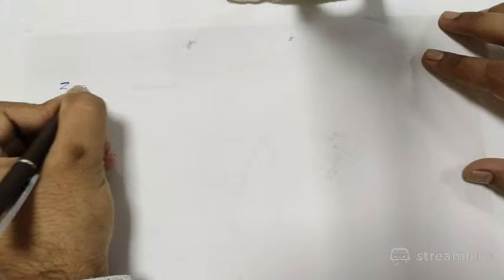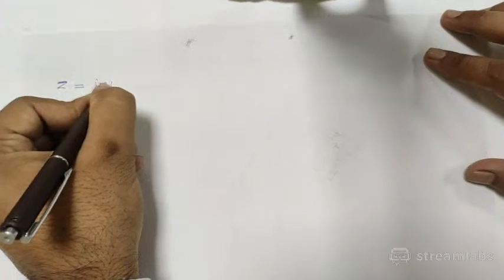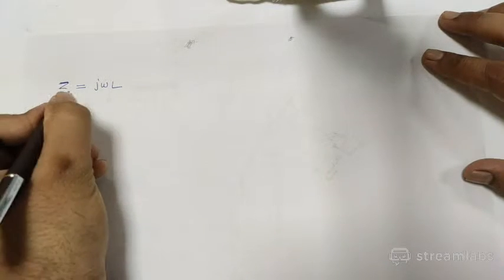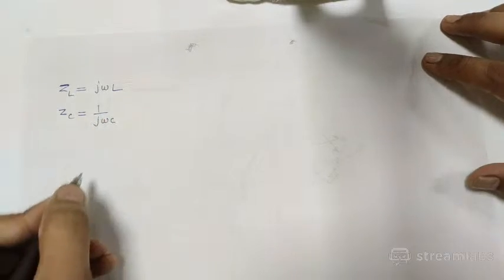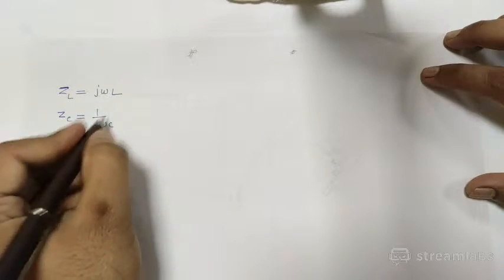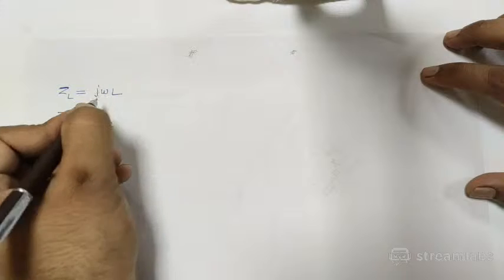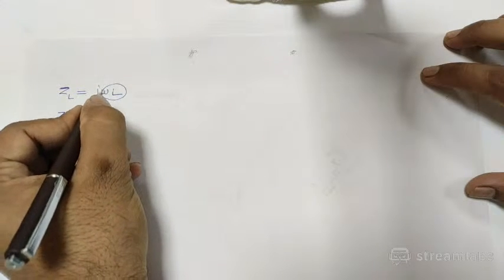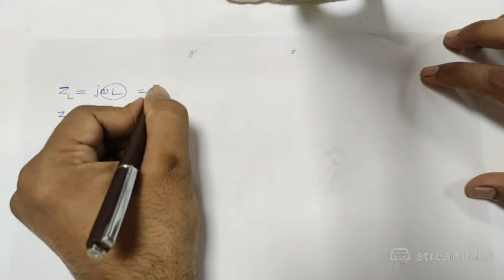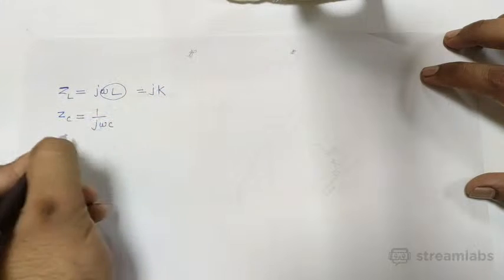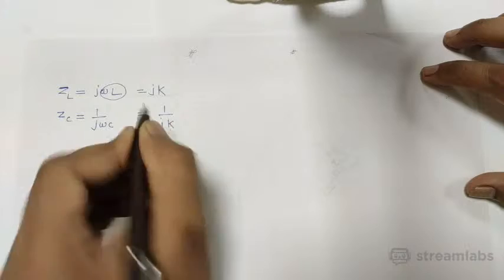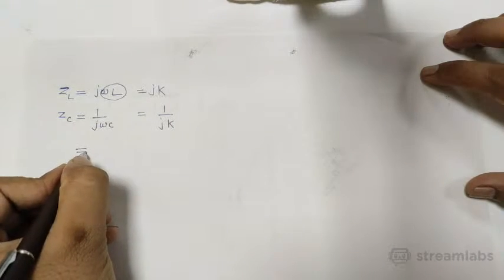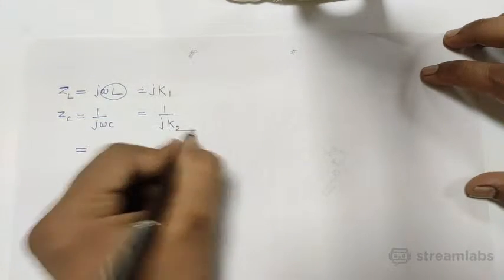Okay, so as I told, the impedance of an inductor is j omega L, the impedance of a capacitor is 1 upon j omega C. If I say omega L is a constant, then this is j into some constant k1, and this is 1 upon j into some constant k2.